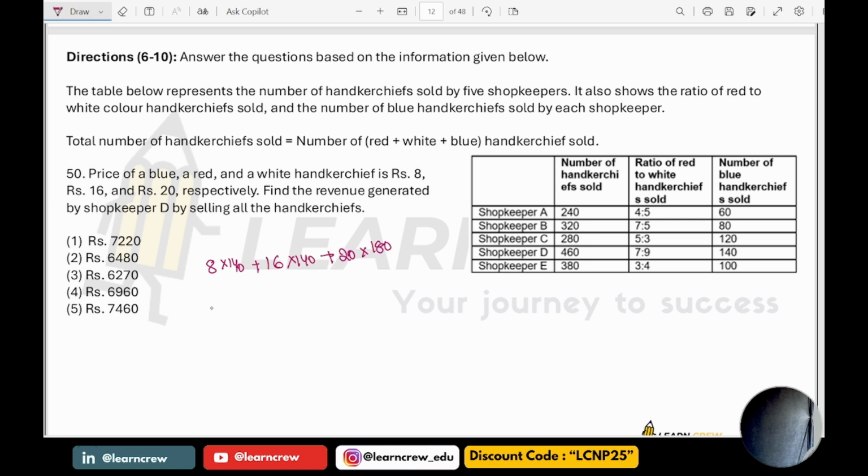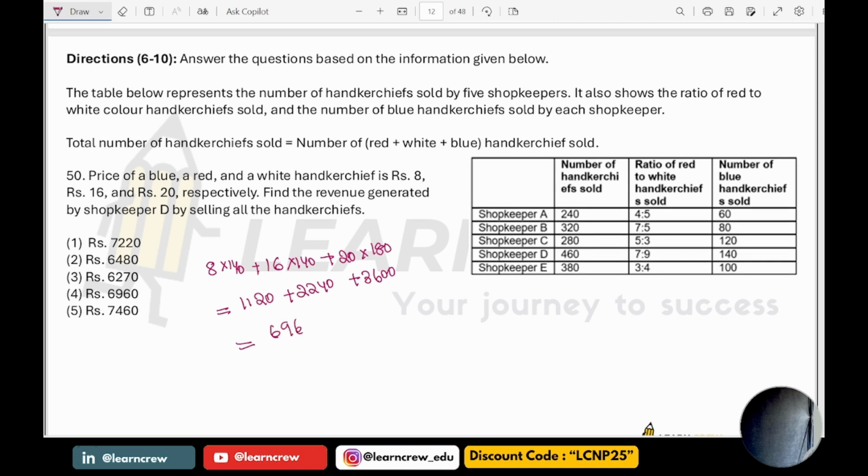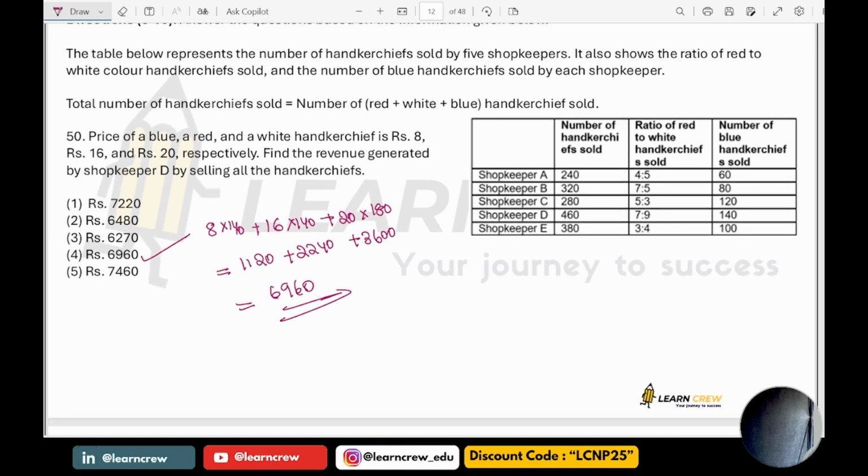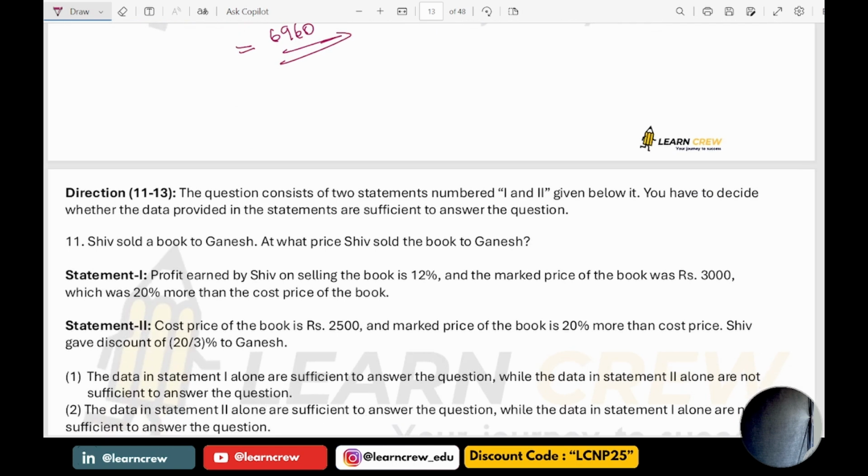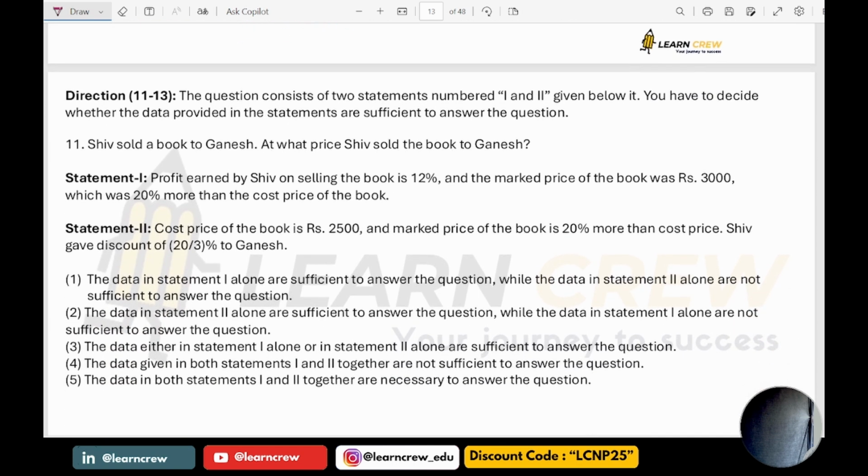So if you add all these things, how much are you going to get? 1120, 2240, 3600. So 36 plus 22, 58, 50, 6960. 6960 is the answer. So answer is option 4.